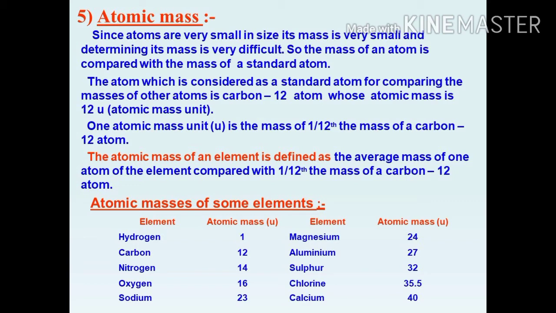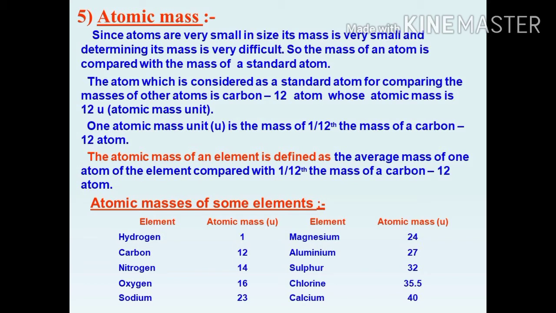What is atomic mass unit? A unit of mass used to express atomic and molecular weight, which is equivalent to 1 by 12th of the mass of an atom of carbon 12.